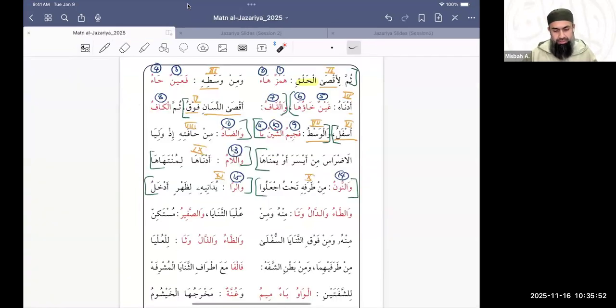Okay, we go back to the text. We're deciphering, decoding Imam Ibn al-Jazari's text. And so we go back and we refer to it. This is your guide, and you have to get very familiar with it. Okay, and you don't have to use this kind of writing. You can use different writing. You can highlight.